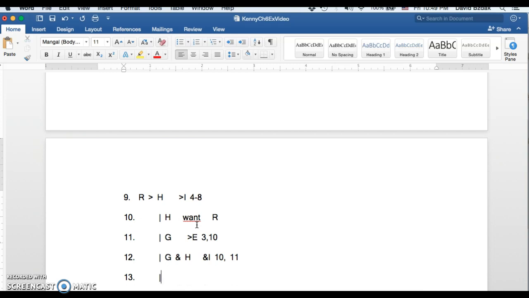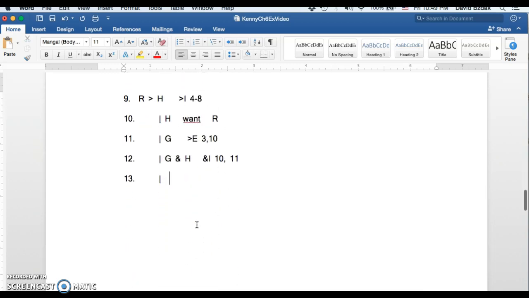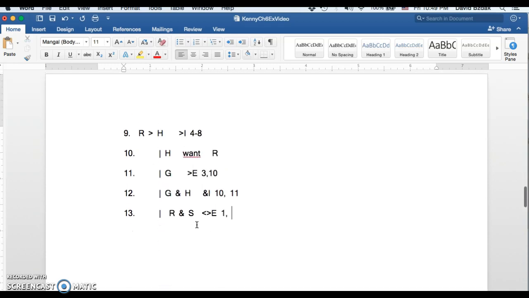Then we use R and S by conditional elimination of 1 and 12. Simplify, conjunction elimination of 13 gives us R. That gives us H conditional R by conditional introduction 10 through 14.